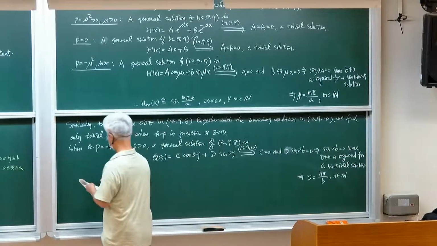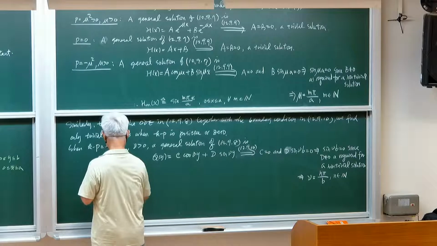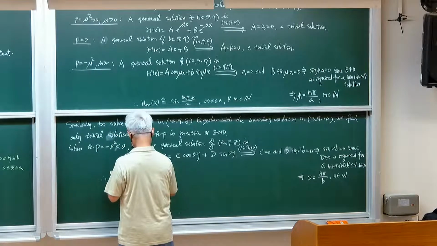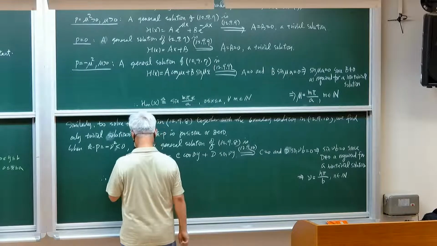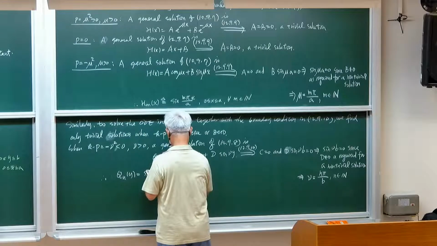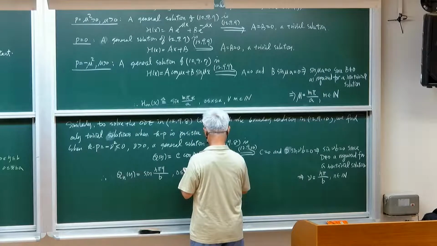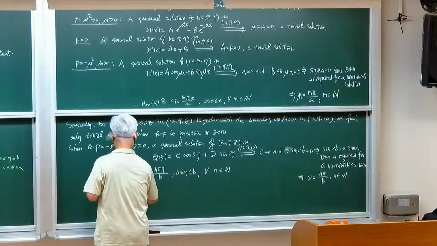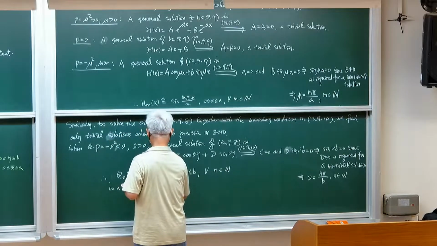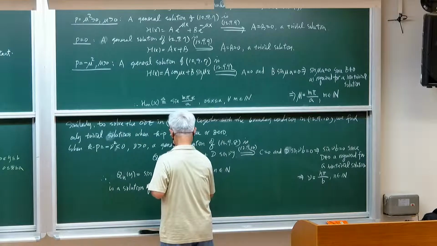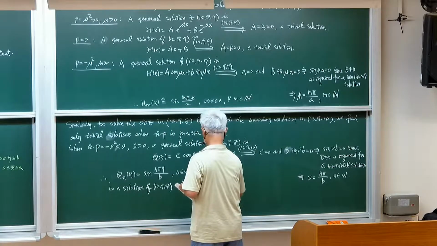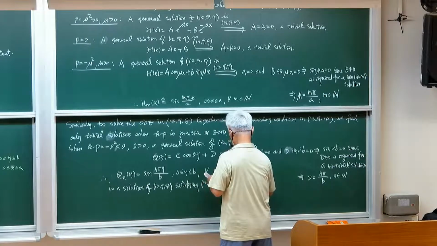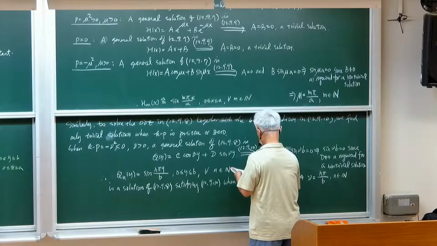So we define Q_n(y) to be sine n pi y over b, which is a solution of 12.9.a satisfying 9.10 when k minus p is equal to minus (n pi by b) squared.